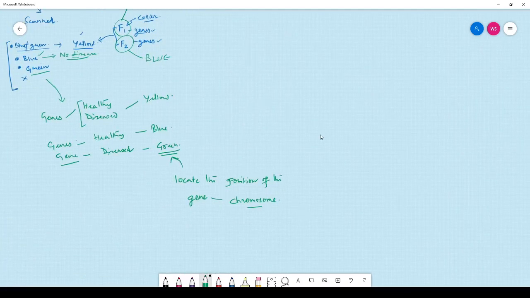So if there is a gene in the microarray, and let's say this gene is from chromosome 1, and the diseased gene has hybridized, in this case the green, this is the one from the diseased person.